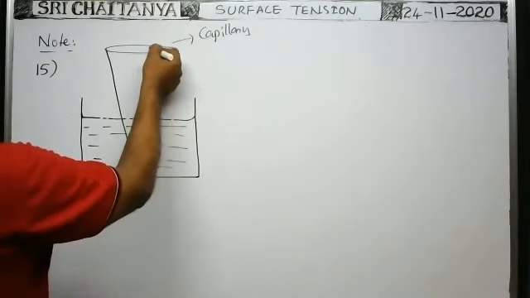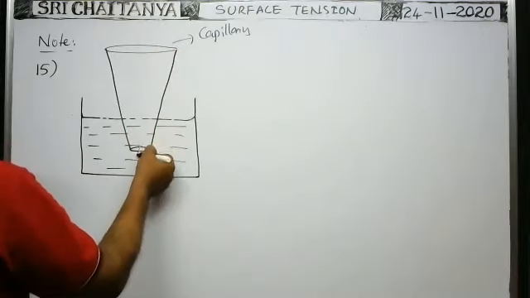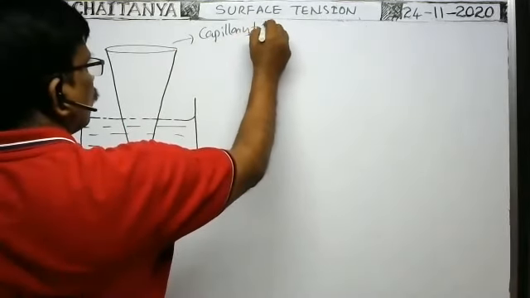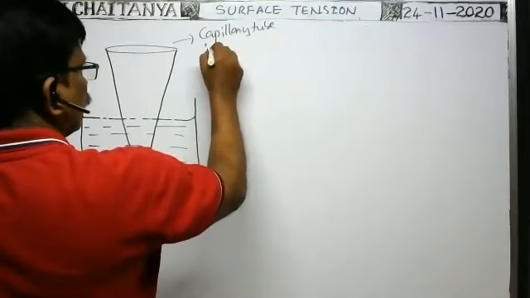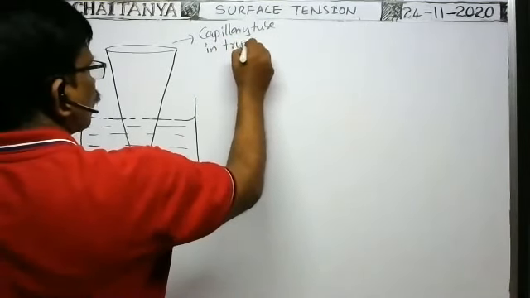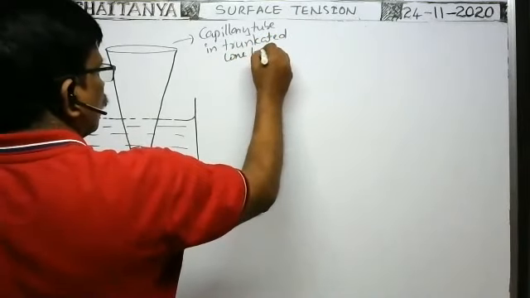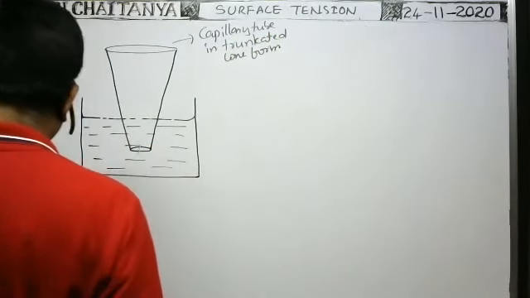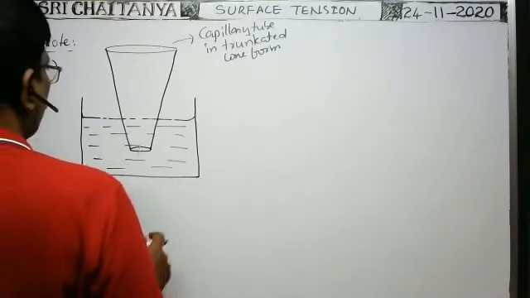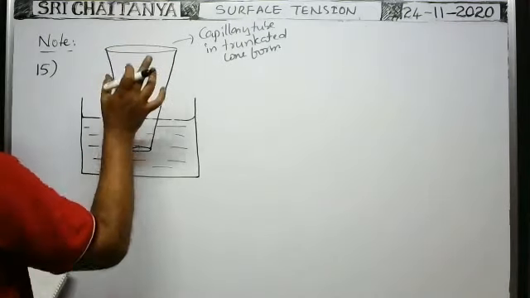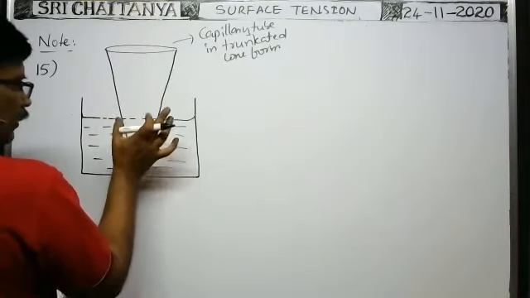That means the radius of cross section gradually decreases as you come down. Truncated cone form. Okay.